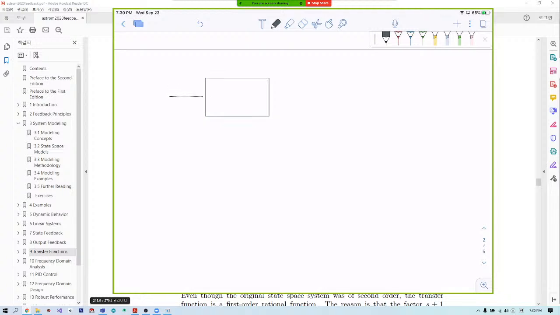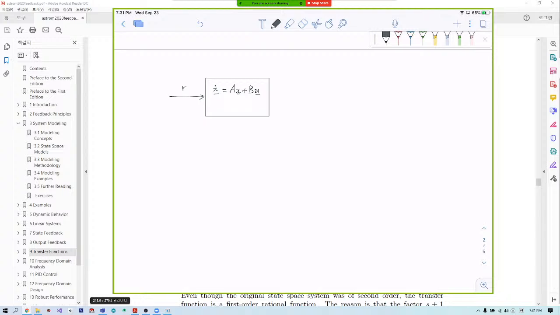Suppose we have an input that looks like this. Input is given by R, and this R will be put in as an input to the state space form. The standard form of state space form looks like this: x dot equals A times x plus B times u, where x is a state vector and u is an input vector.